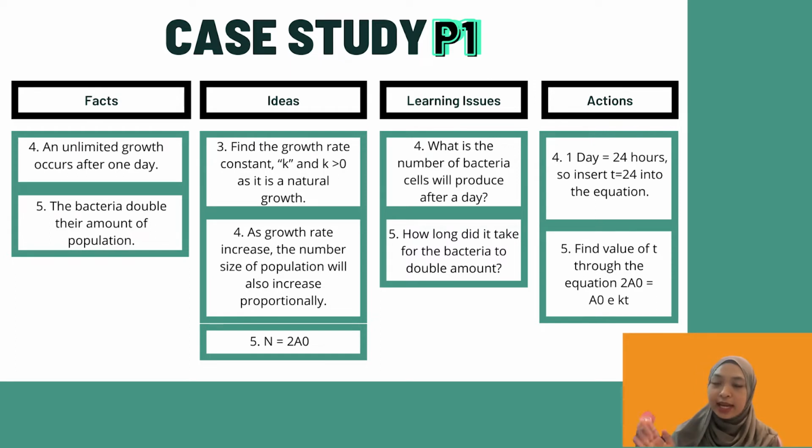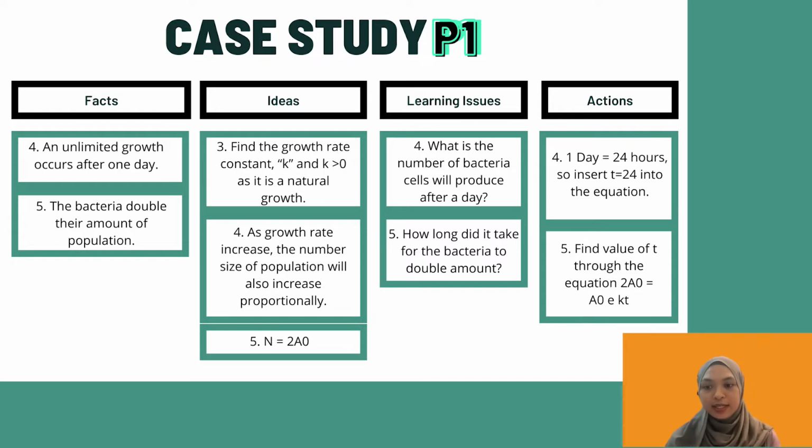By inserting N equals 500,000, time equals 3 hours, and A equals 10,000, we can find the growth constant and the number of bacteria after 3 hours. The next step is that 1 day is equal to 24 hours. So by inserting t equals 24 into the equation, we will know the number of bacteria.